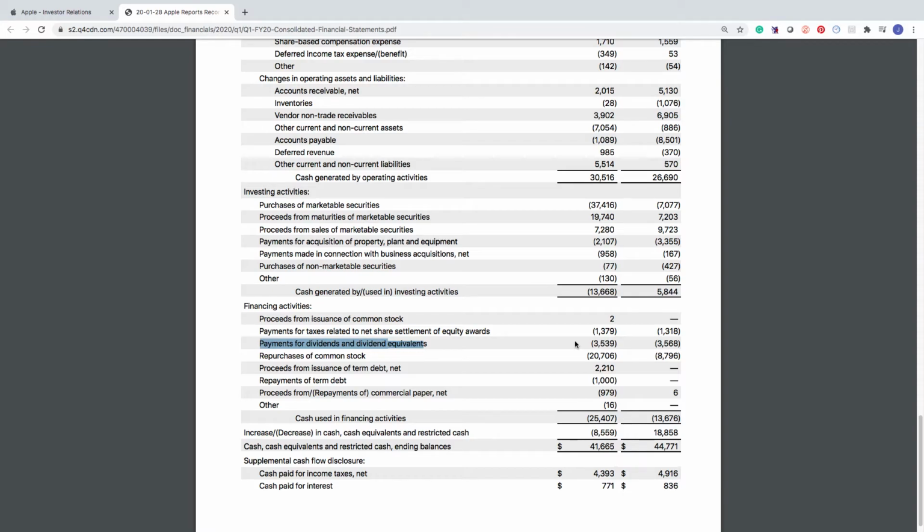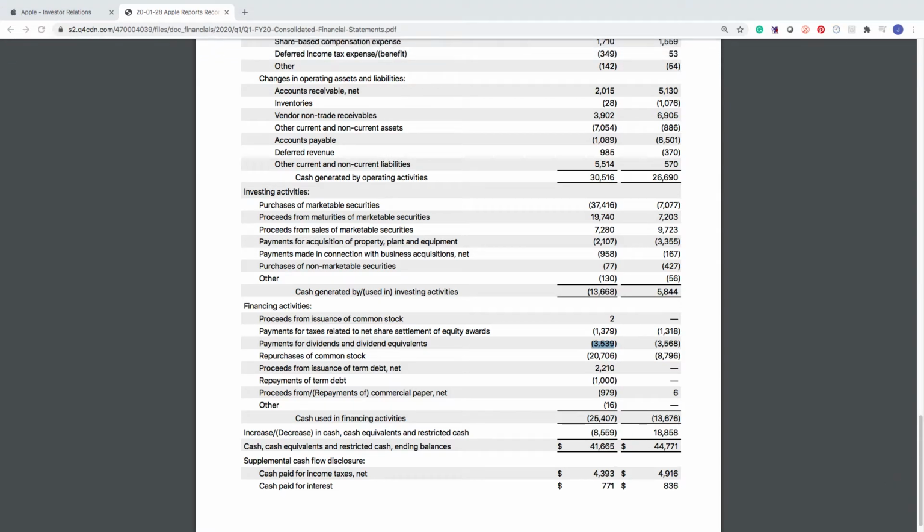And dividends and stock repurchases are a sort of return which Apple is making for those equity investors who believed in Apple's story and who actually gave the money to Apple to become the company that it is today. For companies such as Apple who actually generate a lot of cash, this tends to be a big number. And as we can imagine, Apple has spent nearly $24 billion this year on all of these expenses.